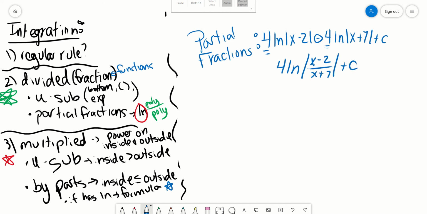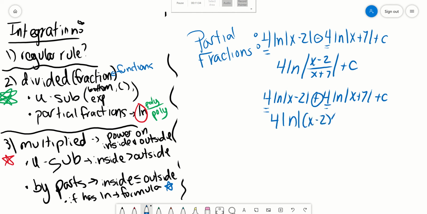So you need to make sure that you remember that. Same thing, but if it was a plus, they have the same coefficient, it's plus, so they're going to be combined into multiplication. So those are some things you need to remember there.